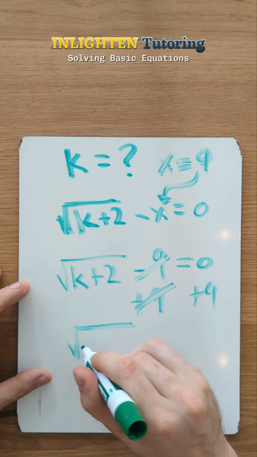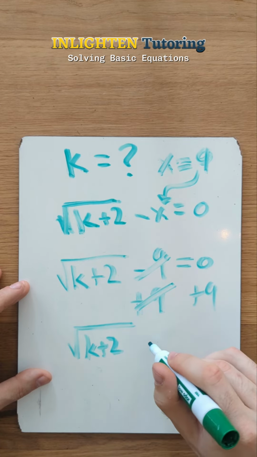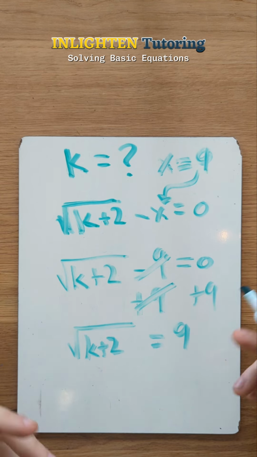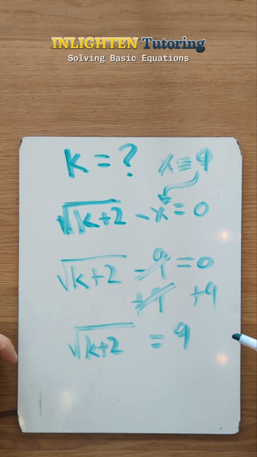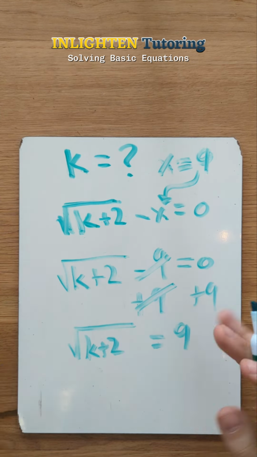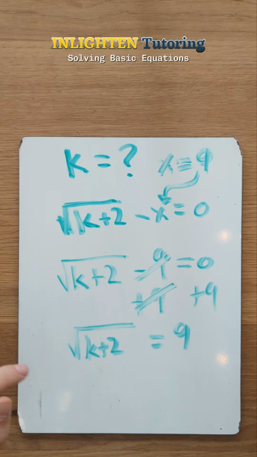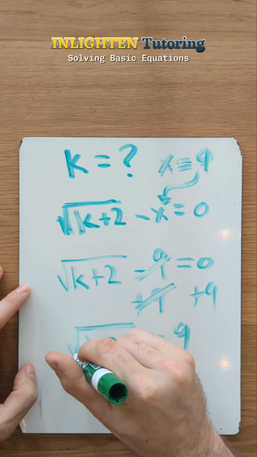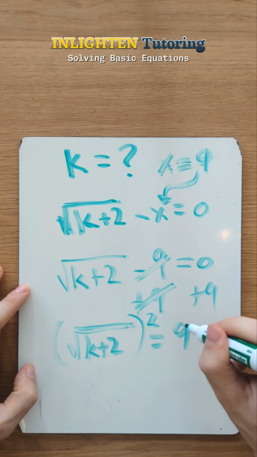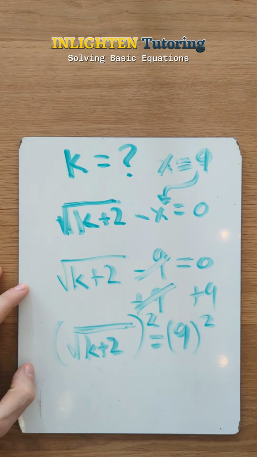Now I've got square root of k plus 2 equals 9. The next thing I'm going to get rid of, that next outermost thing, is this square root symbol. Again, I'm always going to do the opposite, and I'm always going to do whatever's the opposite to both sides. The opposite of this square root is to square something, which puts it to the second power.